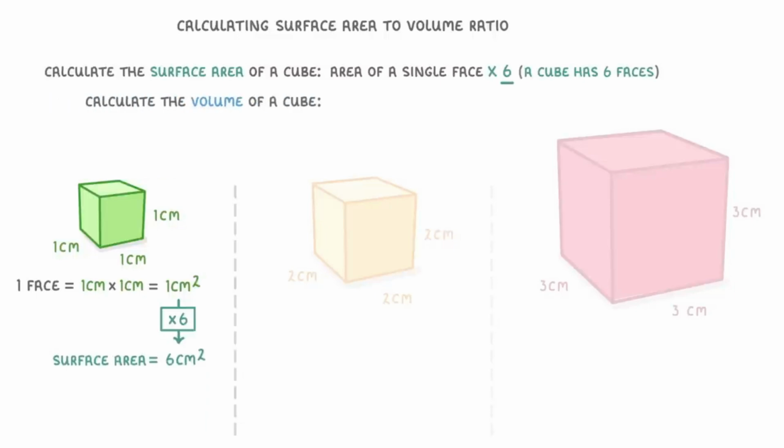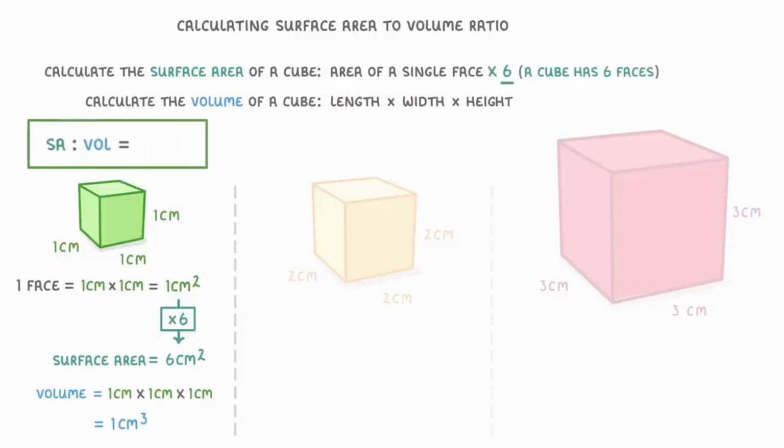Then to calculate the volume of a cube, we just multiply the length, width, and height together. So for our green cube, that's a volume of 1 centimeter times 1 centimeter times 1 centimeter. So 1 cubic centimeter. And so the surface area to volume ratio is just the surface area of 6 to the volume of 1, which basically just means that the surface area is 6 times bigger than the volume.